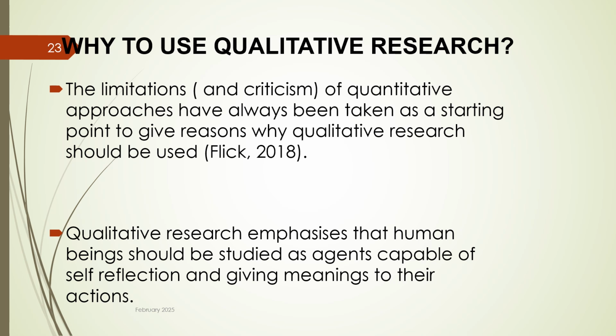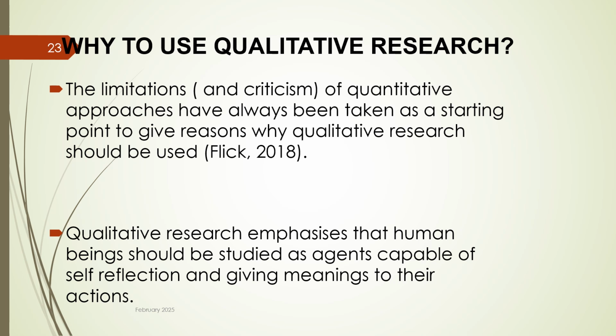Why do we use qualitative research? The limitations and the criticism of quantitative approaches have always been taken as a starting point to give good reasons why qualitative research should be used. So there are several limitations for quantitative research approaches, and these limitations were the starting point to start using qualitative research.